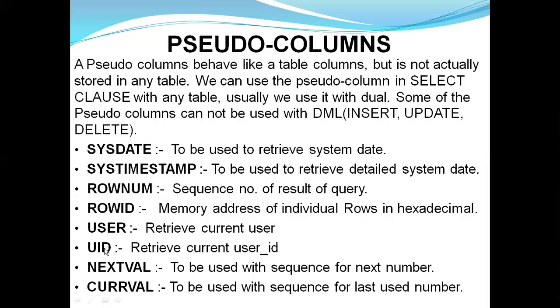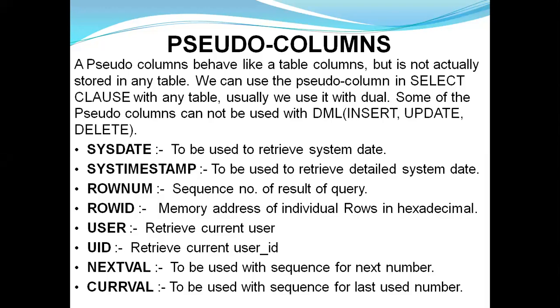We have user and UID. When you are using user as a pseudo column, it provides the name of the user by which you have logged in, or you can say by which you have connected to the database. Same way, UID is user ID. It retrieves the current user ID. That's it. Nextval and currval are pseudo columns which are used along with a sequence.